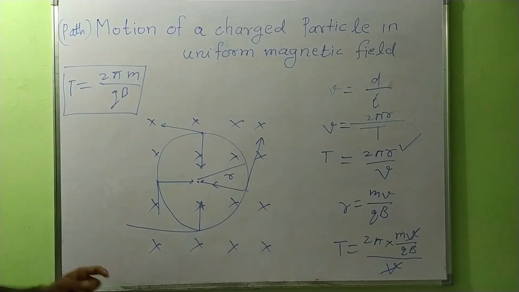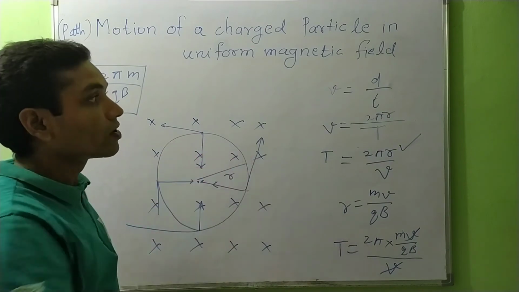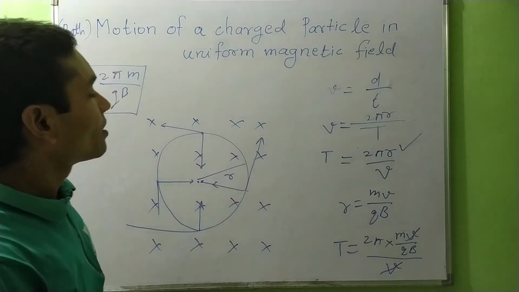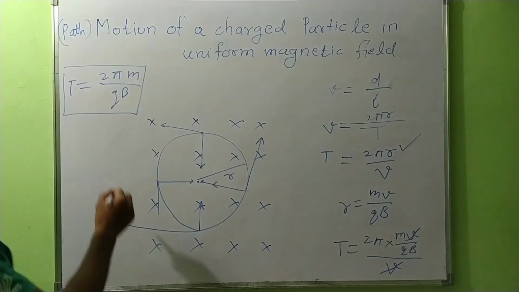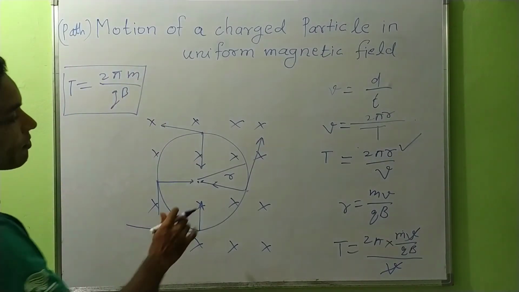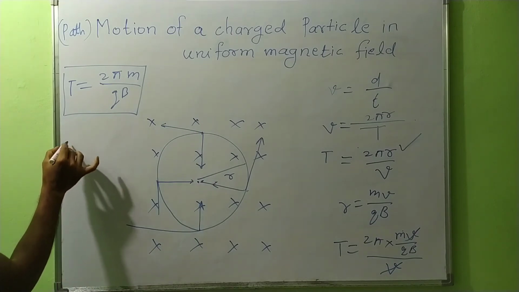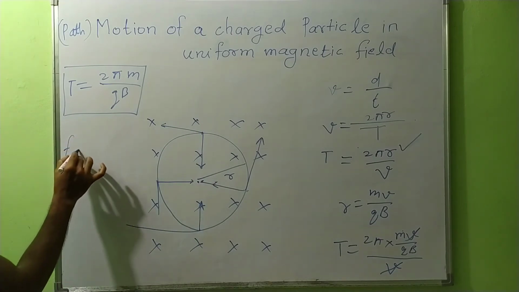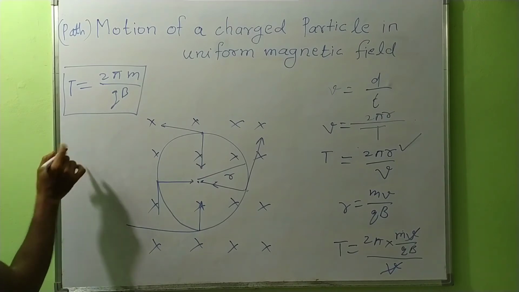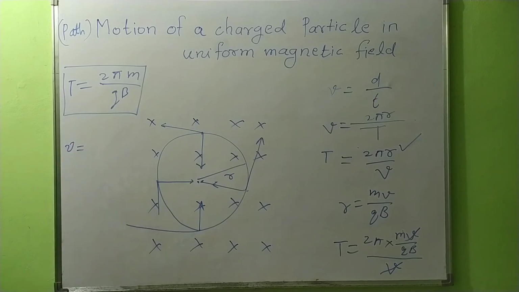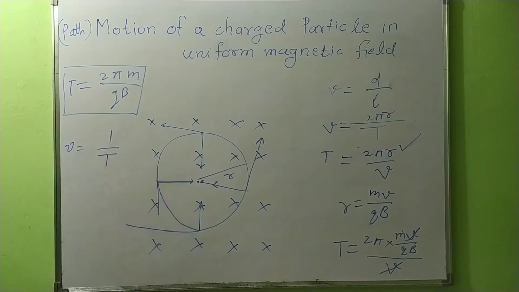Okay, because this charged particle is moving along this circular path continuously, that's why it will also have a frequency. So what will be the frequency of this charged particle? You know that the frequency is denoted by small f or nu. So we are taking here nu. So the frequency is reciprocal to the time period.